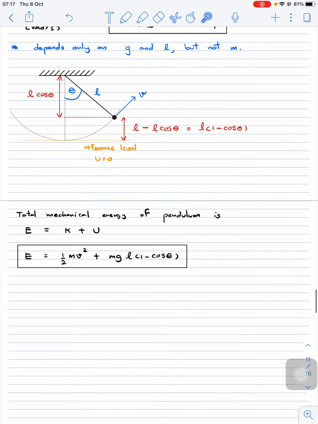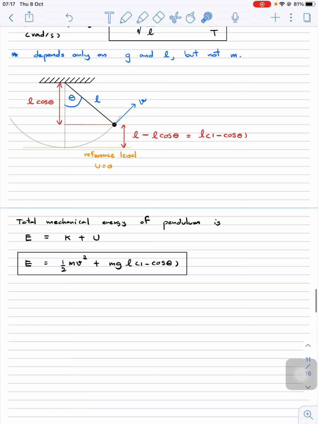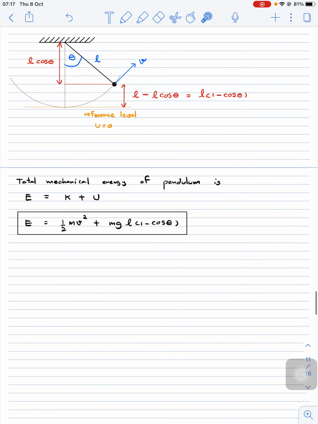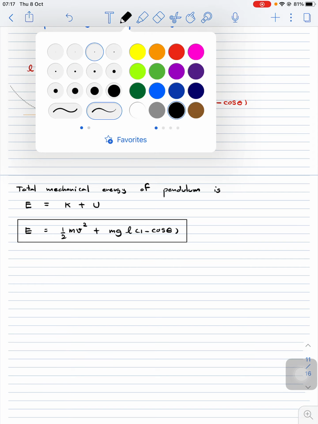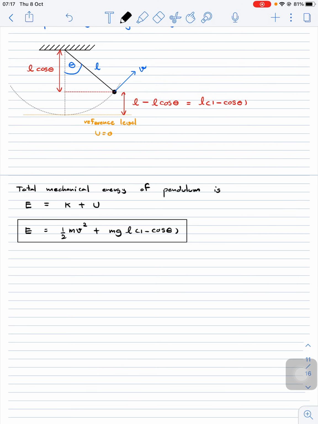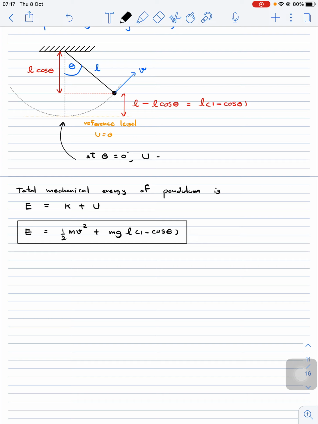Okay, and what else do we have here? You can see that when the theta equals 0, it means here at this position, when the theta equals 0 degrees, the potential energy is going to be equal to 0, because the bulb is exactly at the reference level.